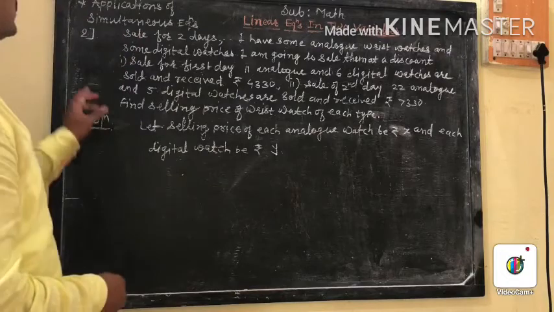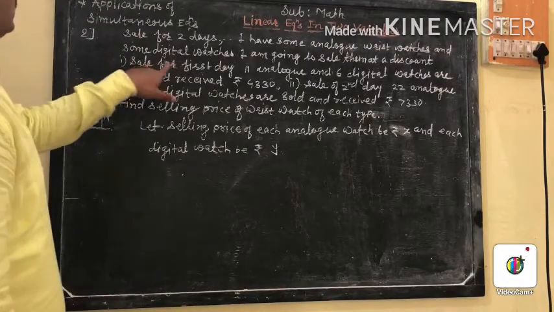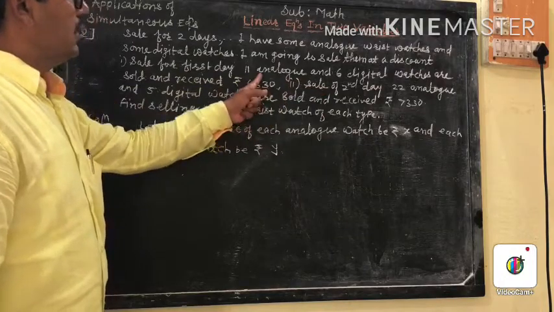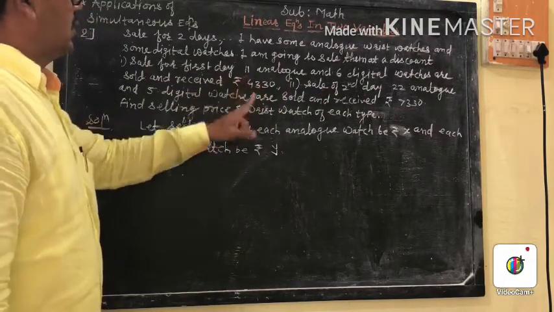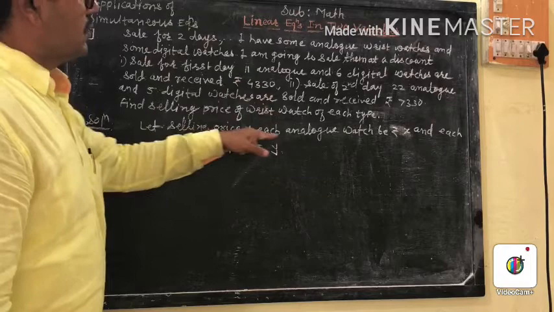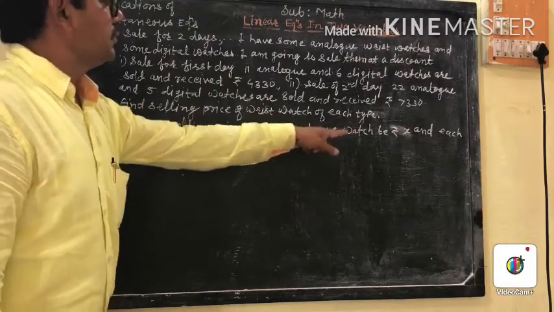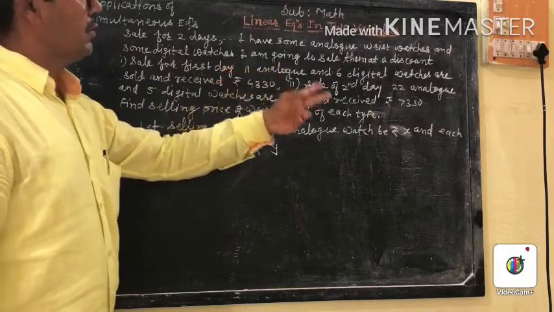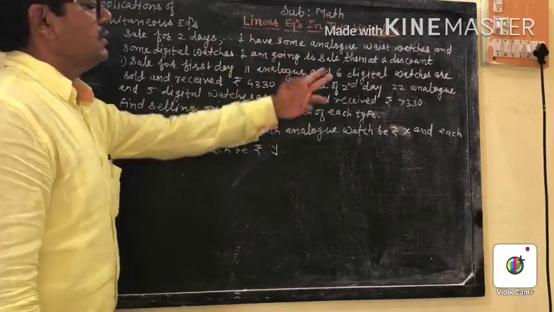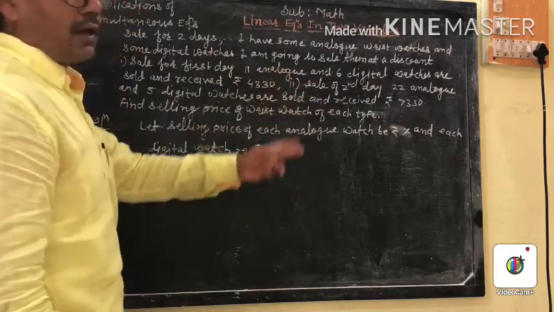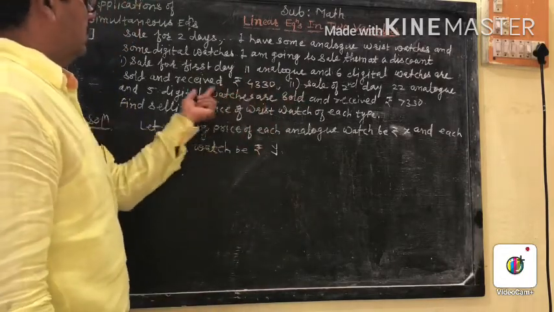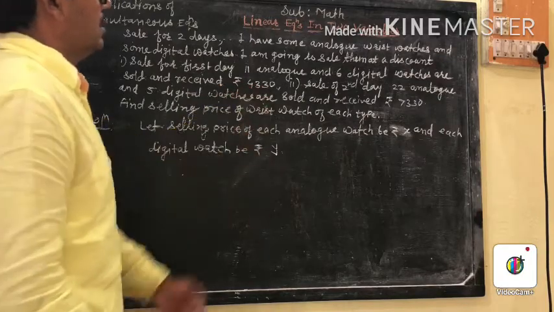Now, from the first condition, sale for the first day is 11 analog watches. What is the price of 11 analog watches? The price of one analog watch be X rupees. Then the total price of 11 watches be 11X, and 6 digital watches be 6Y, and the total amount becomes 4,330.